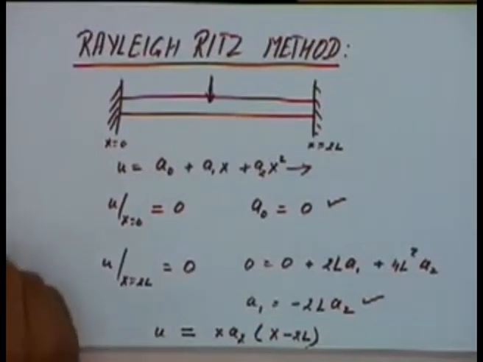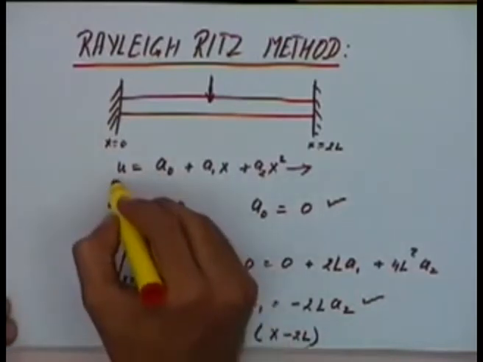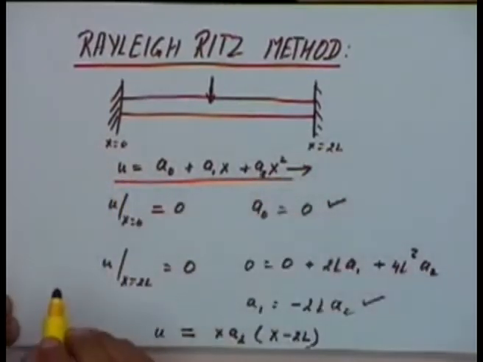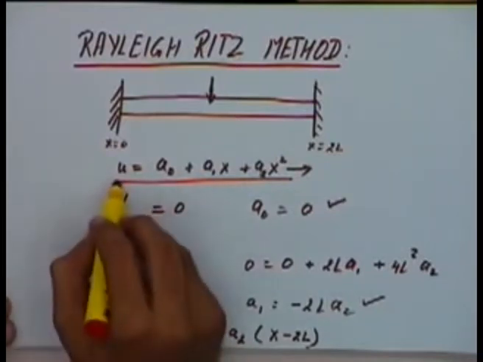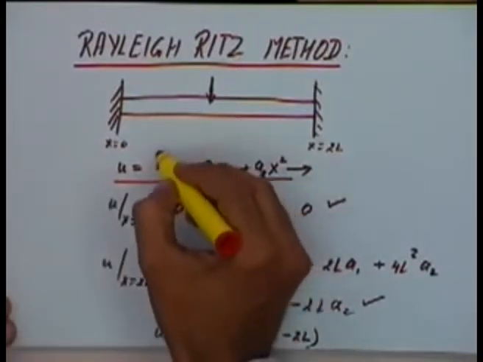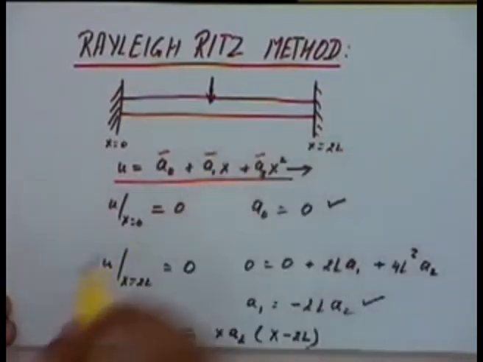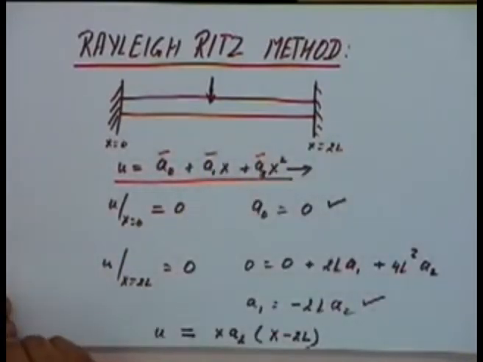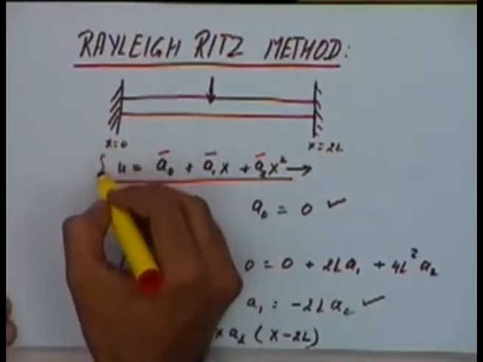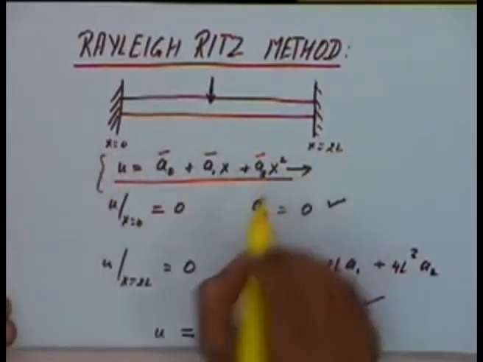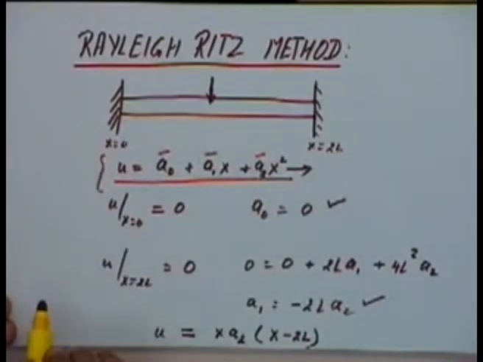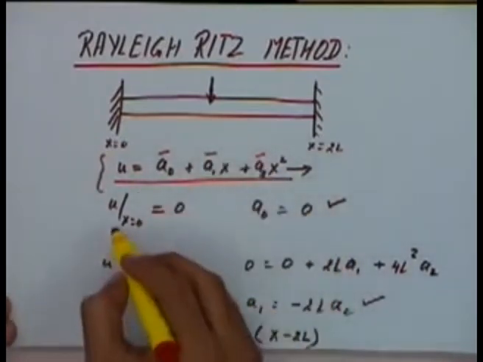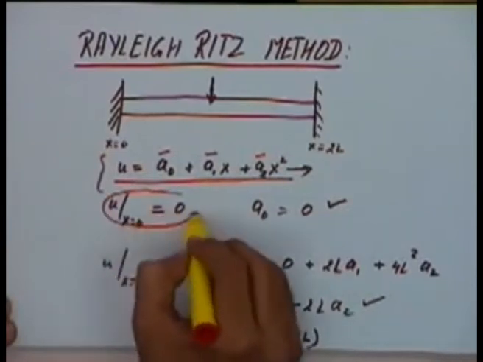Now, in this method, so far what we have done is we have assumed a distribution for u, in terms of the parameters a0, a1 and a2. So in this distribution there were 3 parameters a0, a1 and a2, and then we have ensured that the boundary conditions are met.